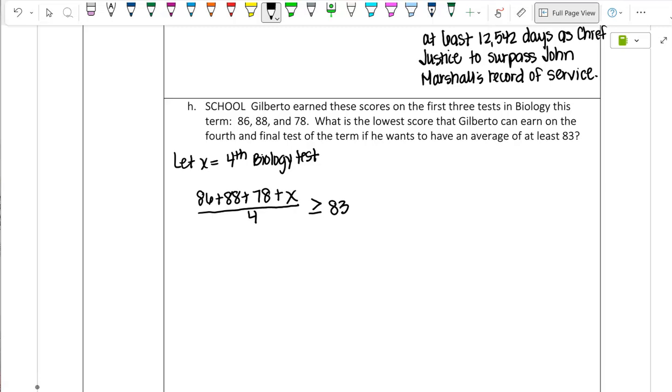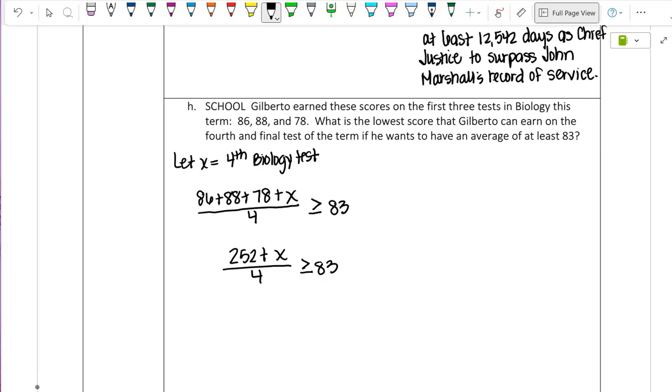Anyone, what do we get when we take 86 plus 88 plus 78? 252. So 252 plus x divided by 4 needs to be greater than or equal to 83.